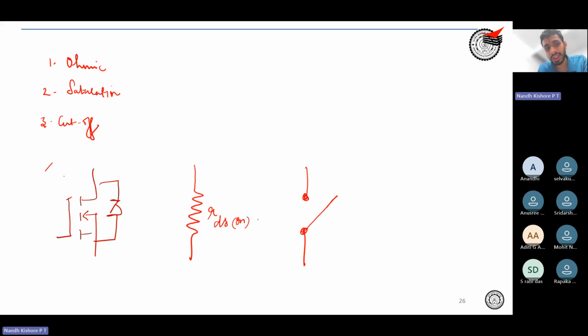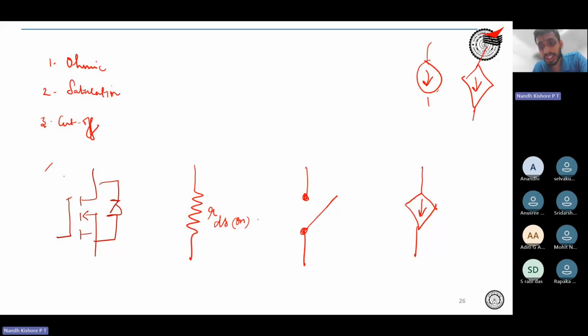And when it is in saturation region, do you know how the switch is approximated? The switch is approximated as a voltage controlled current source or a dependent current source. Going back to the conventions, if you draw something like this, it is an independent current source. If you draw something like this, it's a dependent current source.